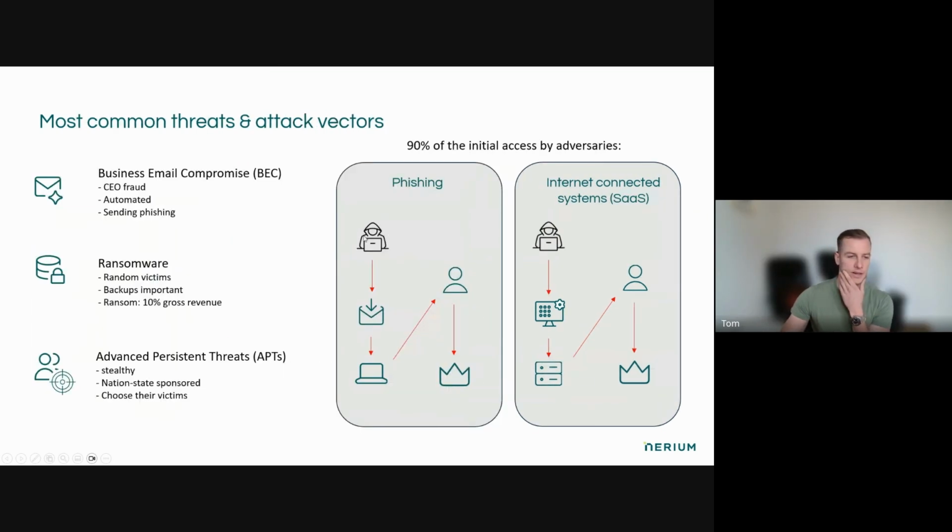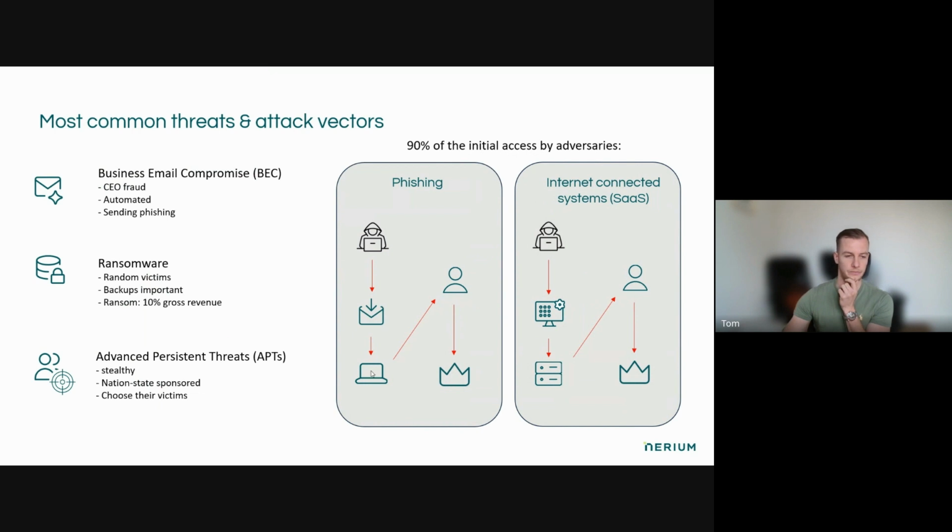So a bad guy, this is a picture of a bad guy. A bad guy tries to get into the network of a company. What they do is they send a phishing email. A person opens it. The attacker gets a foothold on the laptop where the person opens it. What they usually do is they look around to see where they are, which company they are, and they try to gain privileges.